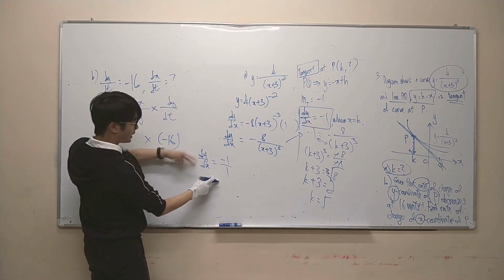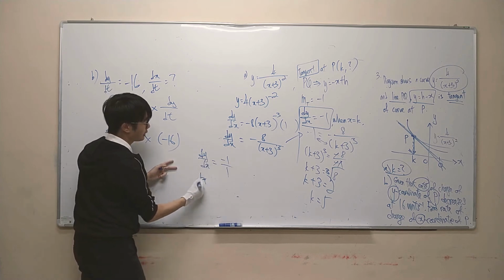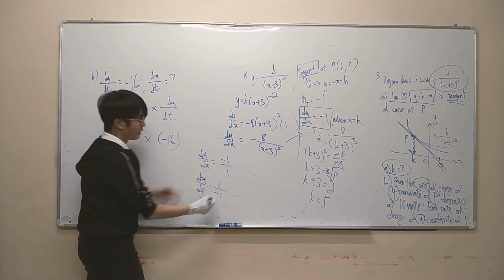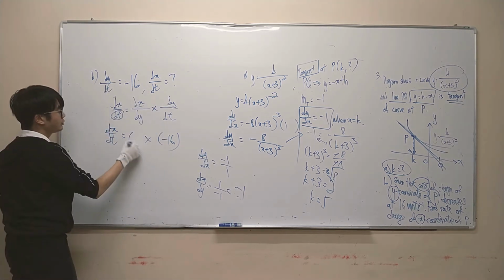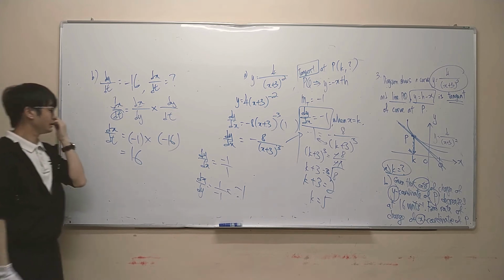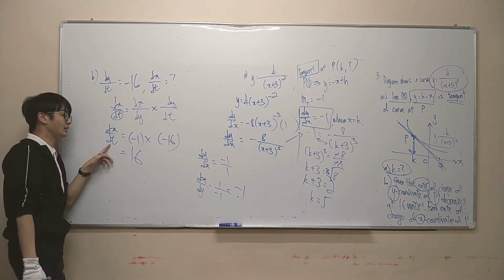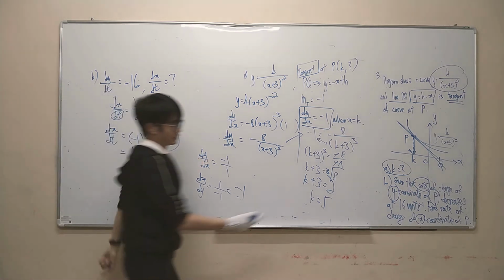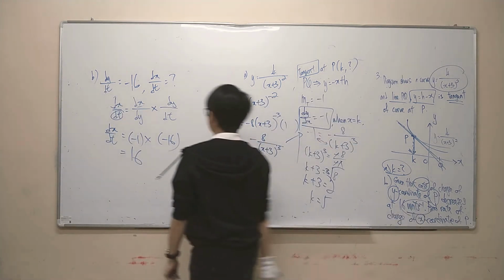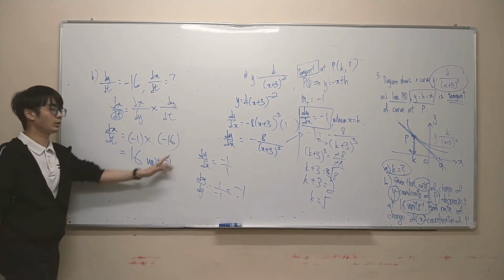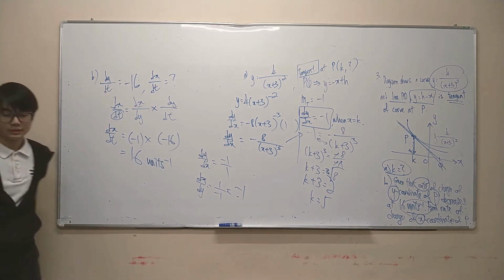You just flip it. So dx/dy will be what? You divide 1 over negative 1, flip, so it's still negative 1. So negative 1 times negative 16, the answer is 16. Right? So that will be the answer. But since this is a rate, you should write the unit like this, the unit per second, s to the power of minus 1. Okay, so that's how you do it.